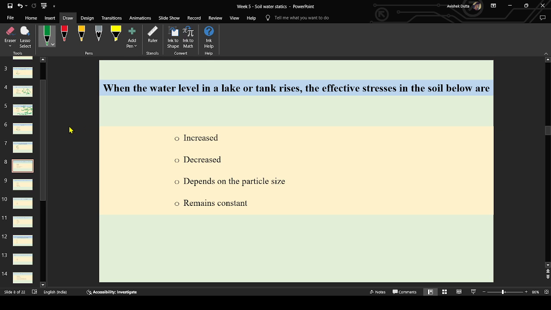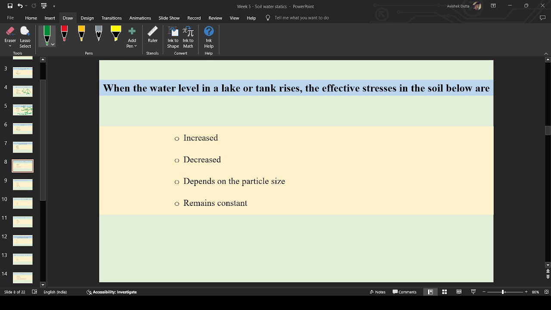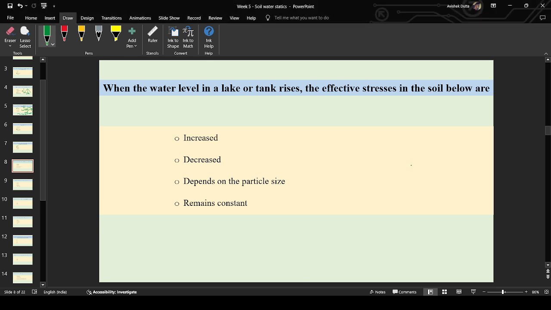When the water level in the lake or tank rises, what happens to the effective stress in the soil below? Option D, remains constant. Yes, obviously it remains constant, because effective stress is a grain to grain transfer of load of the soil particles.